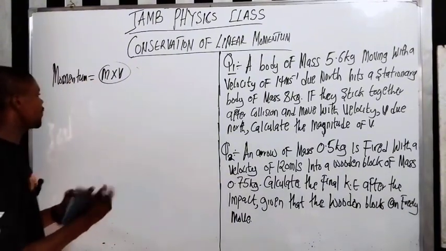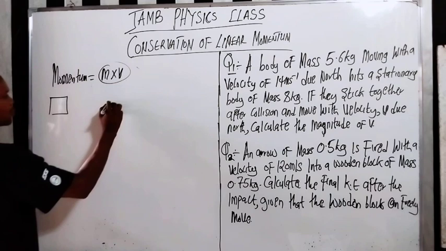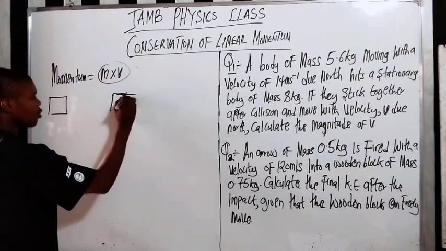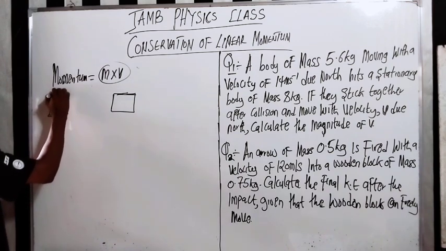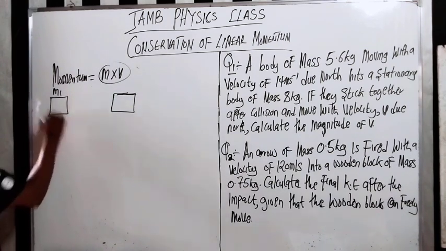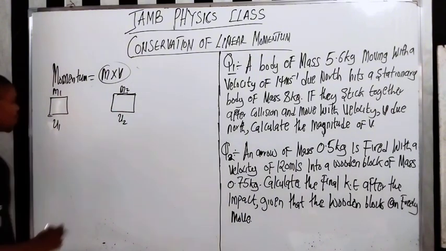Now, if for example we have two bodies together, here we have mass m1 with velocity u1, and here we have mass m2 with velocity u2.